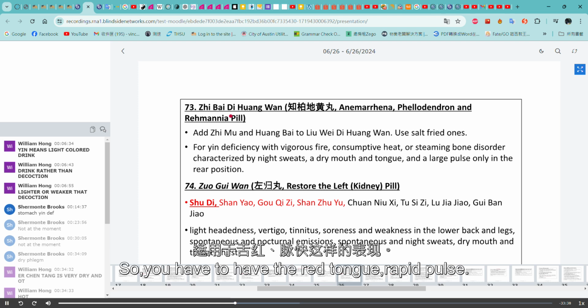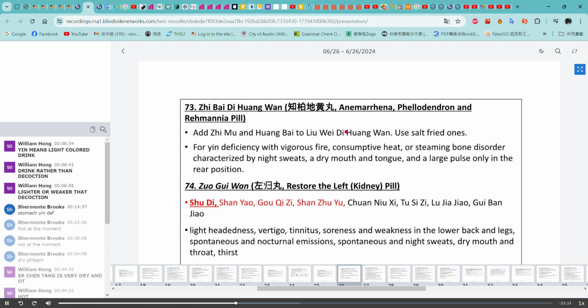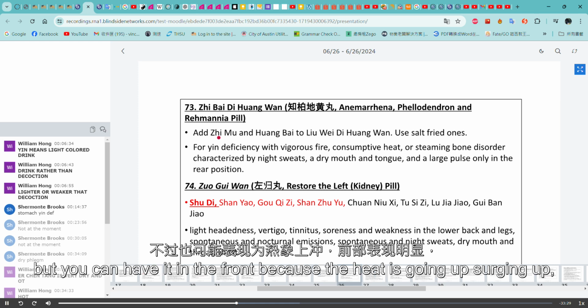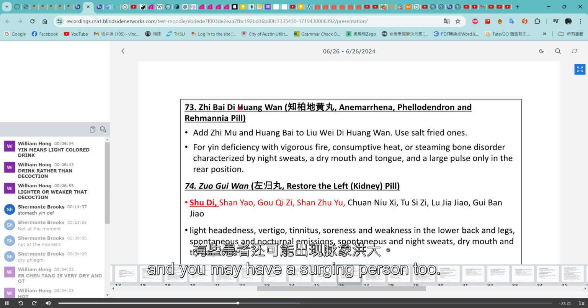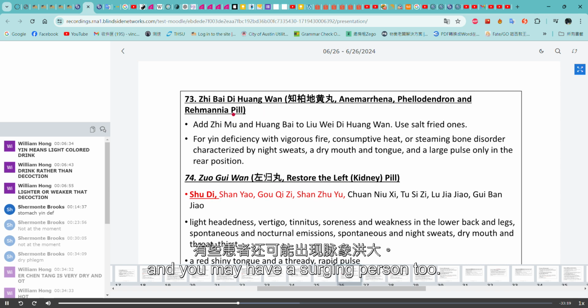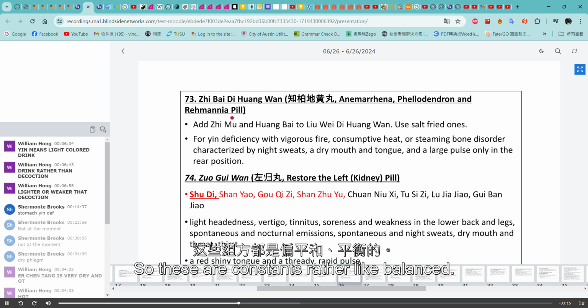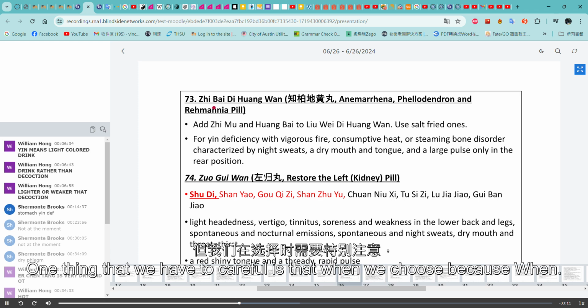So you have to have the red tongue, rapid pulse, large pulse, only in the rear position, but you can have it in the front because the heat is going up, surging up, and you may have a surging pulse too. So yeah, this is all like a variation of Liu Wei Di Huang Wan. So these are constants, rather balanced.